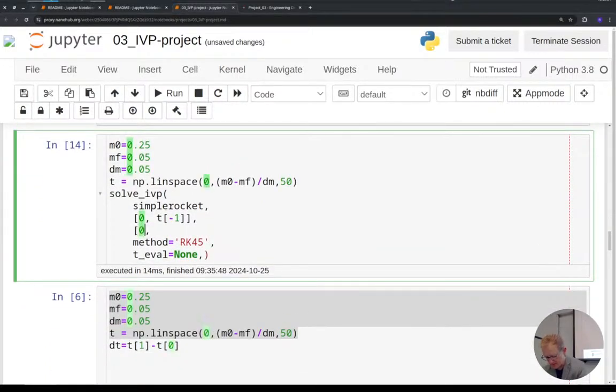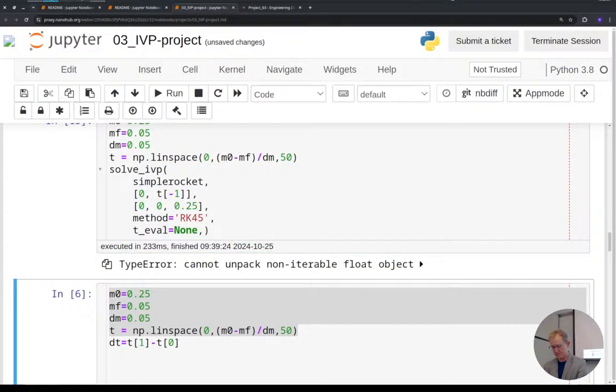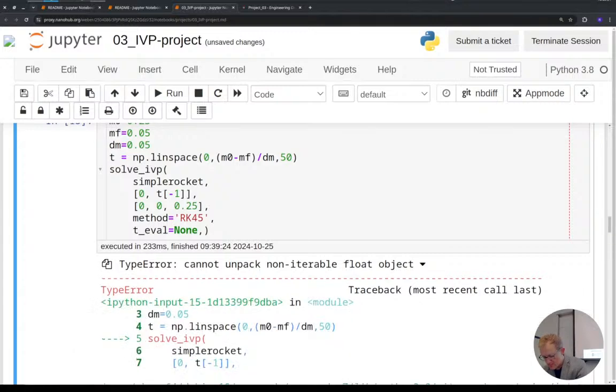Then my initial state is going to be that 1/4 kilogram, 0 height, 0 velocity. I can leave it as this default Runge-Kutta 4-5 method. And then, yeah, I'll try that. Right now I'm just running it, not saving anything, so it should print all the outputs.